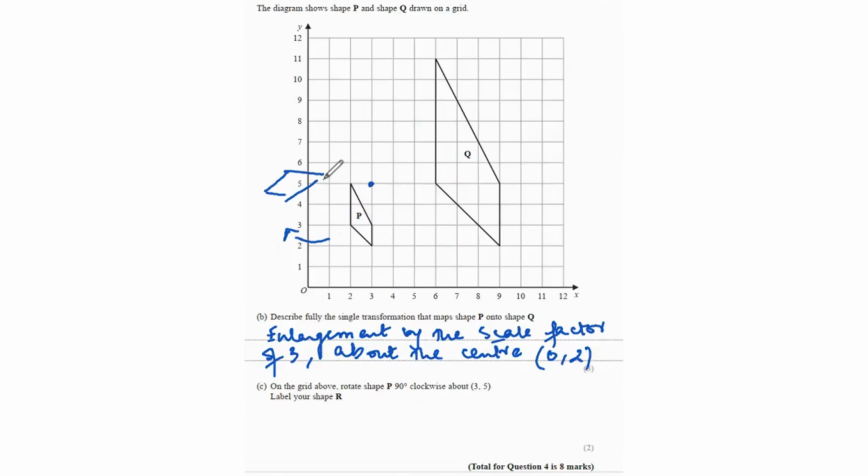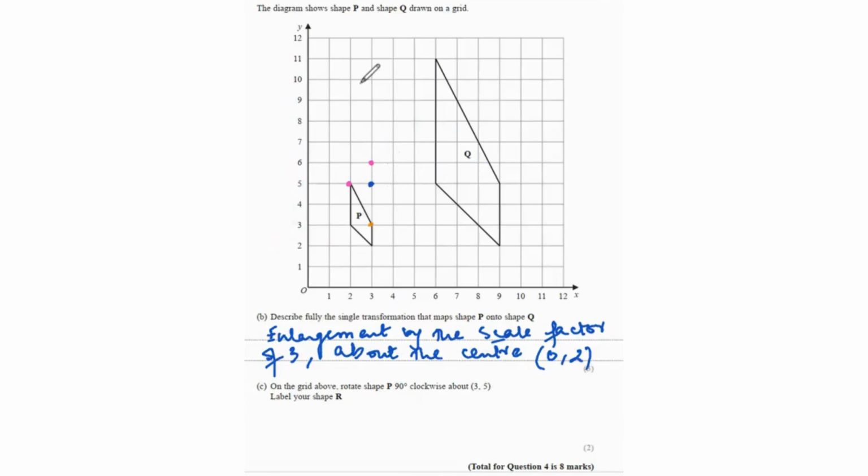So now when you're rotating a shape 90 degrees clockwise, what we do is we swap the horizontal and vertical distance for each point. So basically what I mean is that if I pick a point over here, let's say this point. So this point is 1 unit horizontally from the center. So that means the image will be 1 unit vertically now. So it's going to come over here.